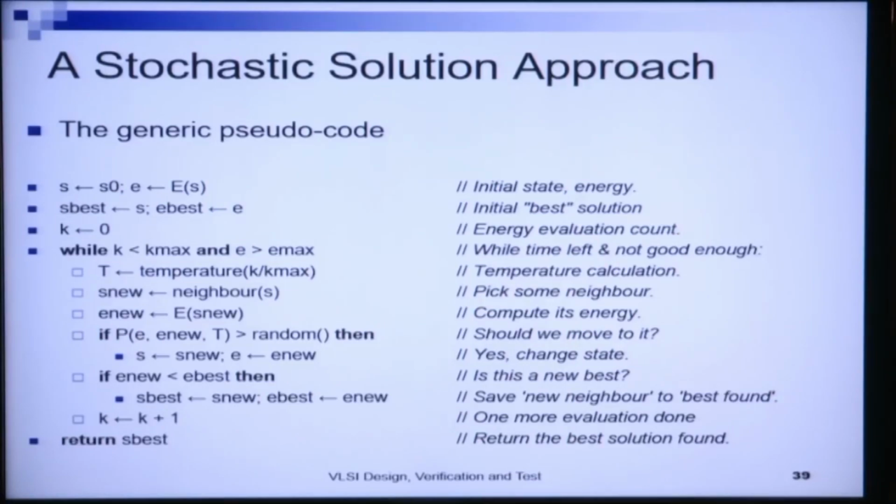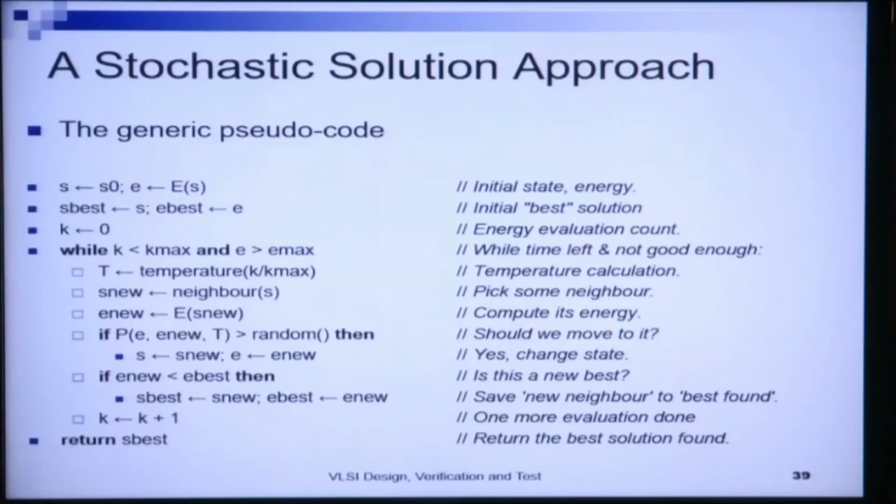If I have already got a solution that is acceptable, I can stop the algorithm even before k has reached k max. Now, at any given iteration, the temperature is given by temperature of k by k max. So k max is the maximum number of iterations, k is the current number of iterations.